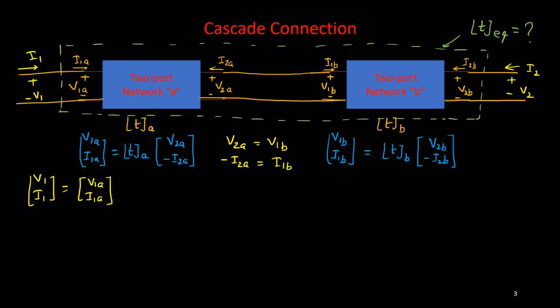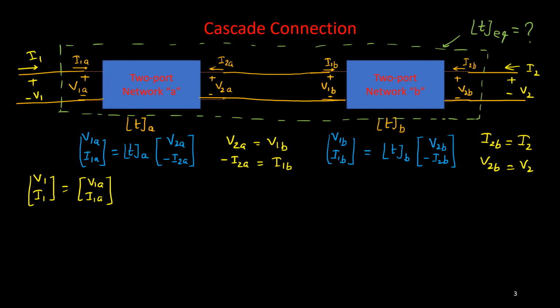And similarly from this end, I2 equals I2B and V2 equals V2B. So we can write I2B equals I2 and V2B equals V2.